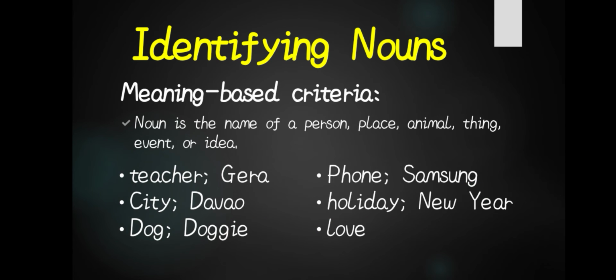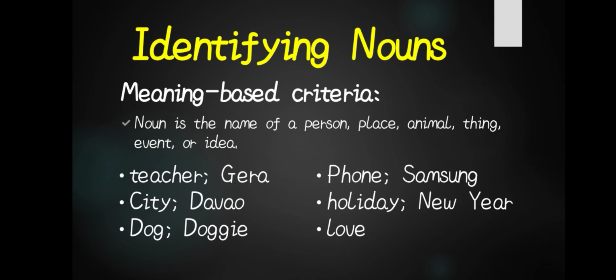Next, let's have another basis in identifying nouns. Meaning-based criteria. We have to remember, since grade school, we memorized this, right? Grade 3 maybe, or grade 2. We memorized what a noun is: a noun is a name of a person, place, animal, thing. We kept repeating it until high school, until college, but we still forget. Prepositions are still called verbs.